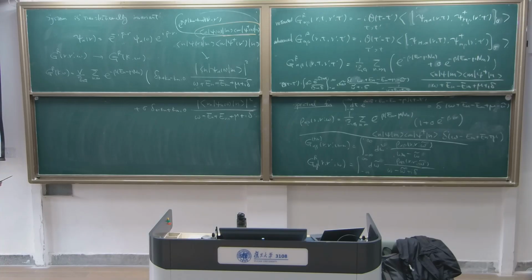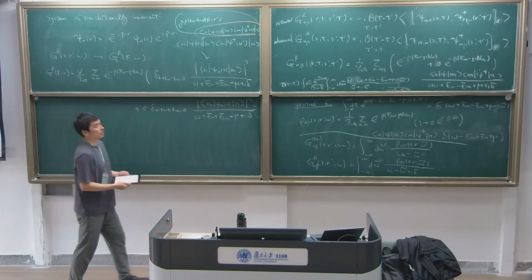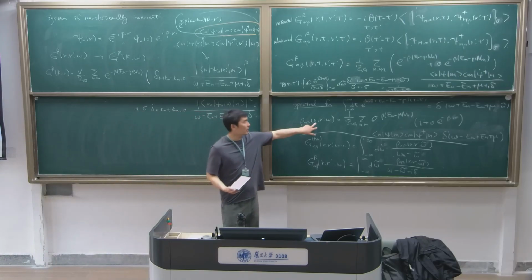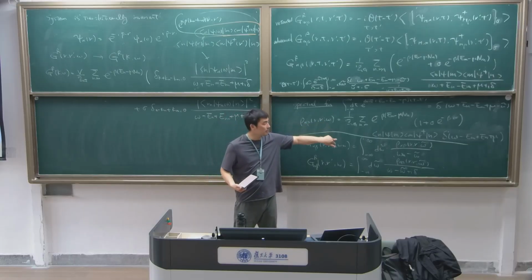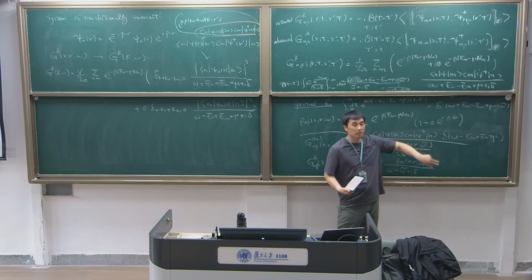Fine. Now we can also introduce the so-called spectral function. It used to depend on r and r prime, but the r dependence comes from here, r prime from here, and so on.